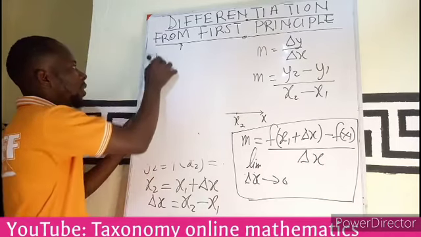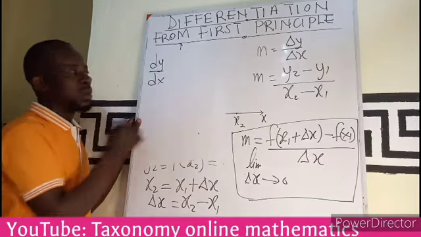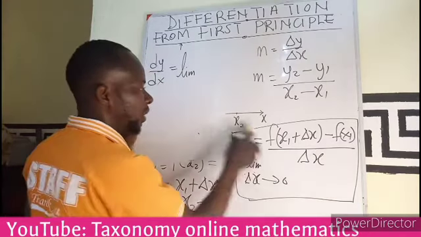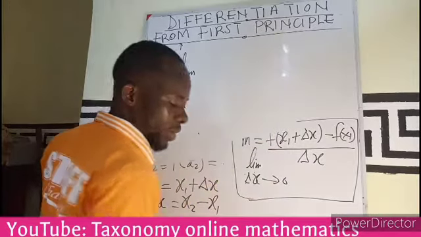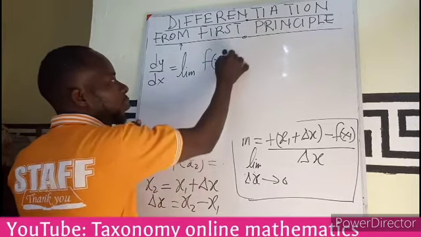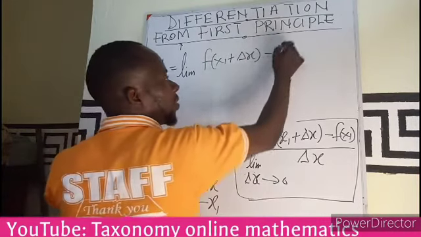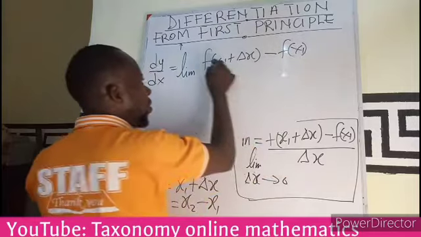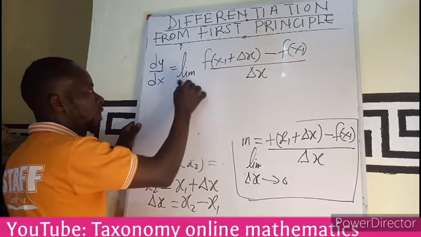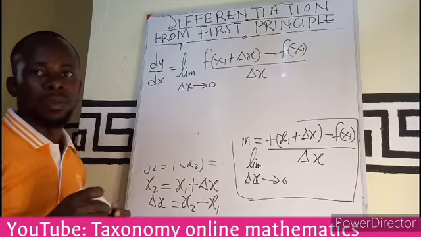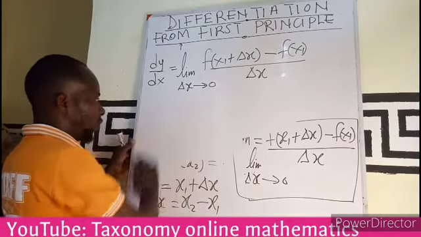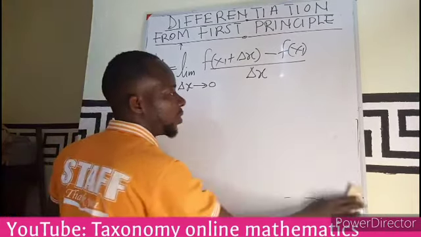So I have dy/dx, which is going to be the limit of this function we have here, which is f(x1 plus the small change) minus the function of x1, all over the small change, as our small change is approaching what? 0. So this is the formula that we can use to differentiate from the first principle.